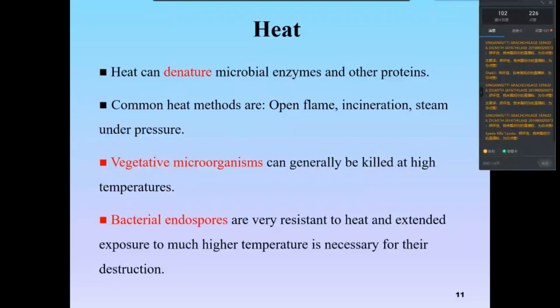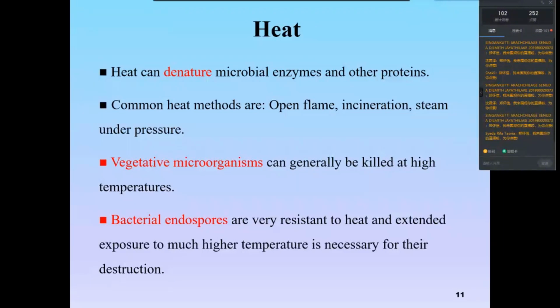Or you can use incineration. Incineration is the procedure of burning; you burn it into ashes. Or you can use high temperature steam with pressure. That's what we use in the lab for autoclaving. The autoclave can maintain a high pressure so that the temperature can go much higher than 100 degrees.